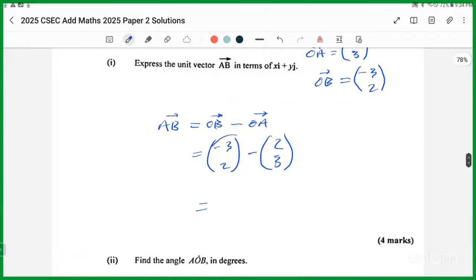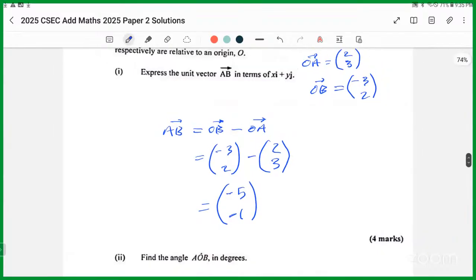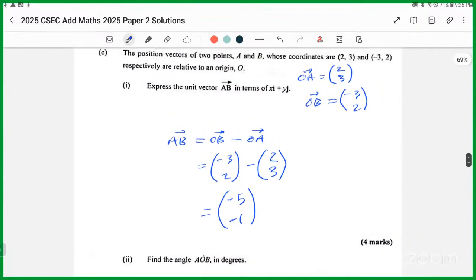This becomes minus 3 minus 2, which is negative 5. And then 2 minus 3 is negative 1. So negative 5, negative 1. That's OB minus OA.